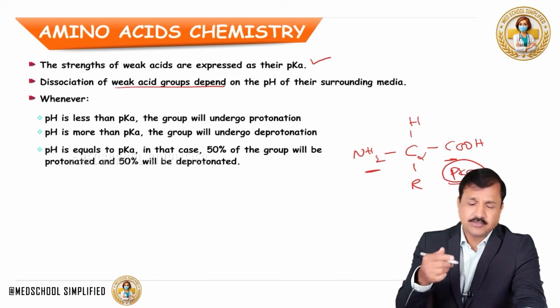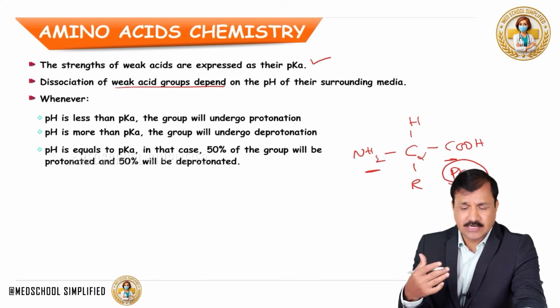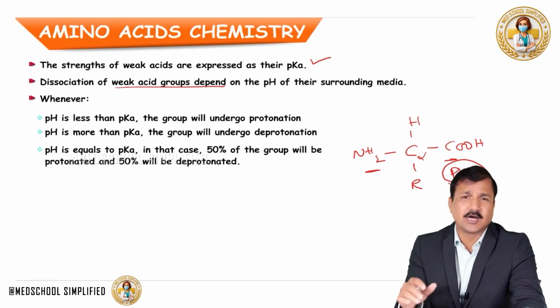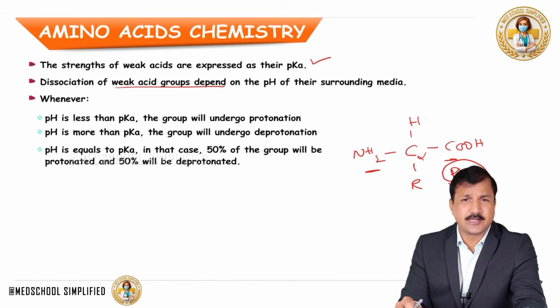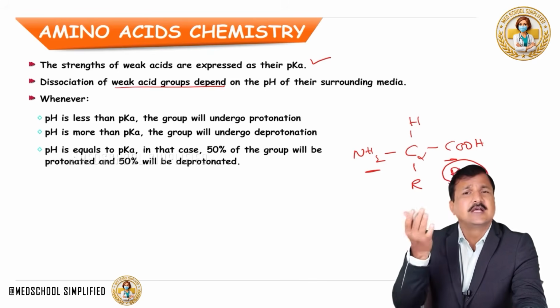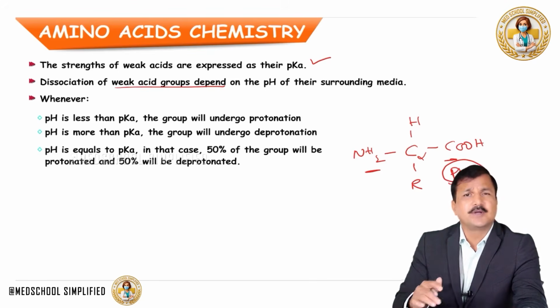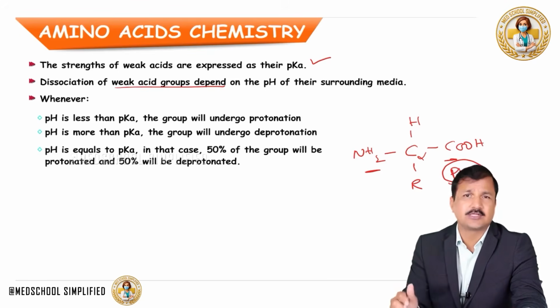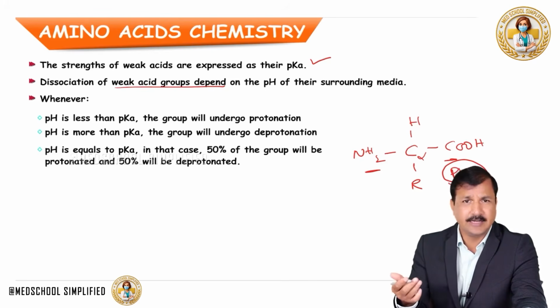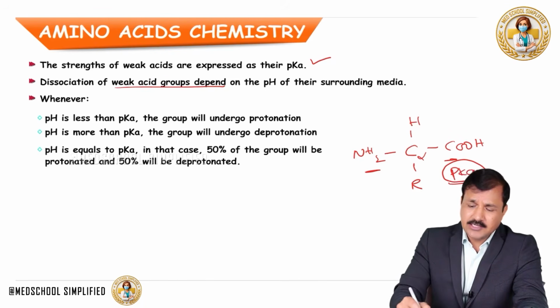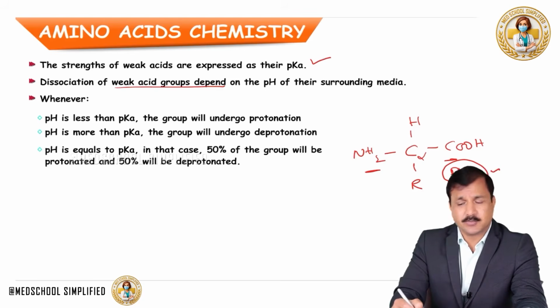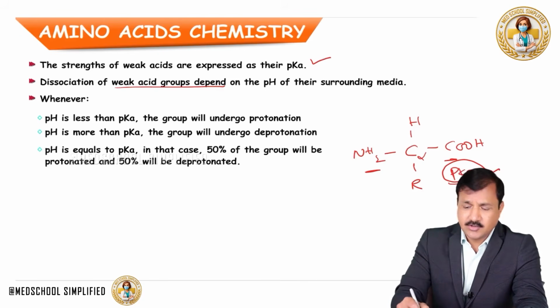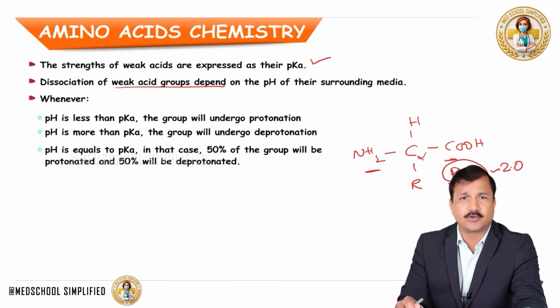Okay. So first we need to know, in order to understand whether the carboxyl group undergoes protonation or deprotonation. You know, protonation means addition of protons to a group. Deprotonation means release of protons from a group into the media. Okay. Now the average pKa of the primary carboxyl group of an amino acid is around 2.0, approximately 2.0.